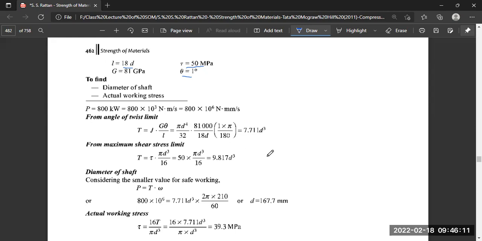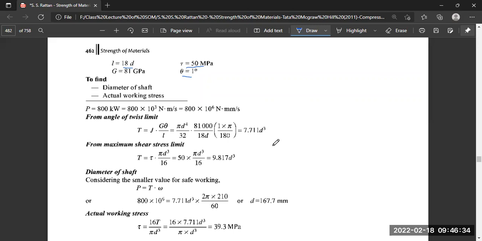And the maximum shear stress is given as 15 MPa, so maximum torque will be given from that relation as 9.81 D to the power 4 (approximately).